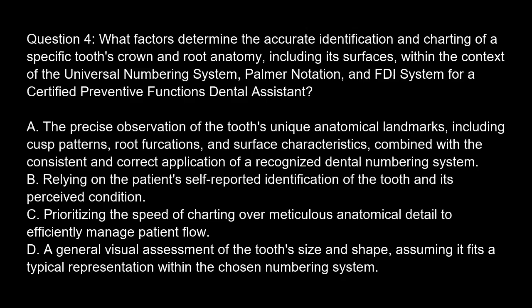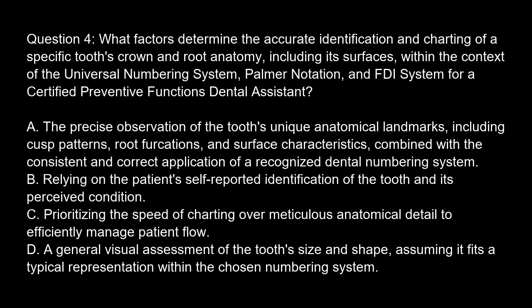Question 4. What factors determine the accurate identification and charting of a specific tooth's crown and root anatomy, including its surfaces, within the context of the Universal Numbering System, Palmer Notation, and FDI system for a Certified Preventive Functions Dental Assistant? Option A. The precise observation of the tooth's unique anatomical landmarks, including cusp patterns, root furcations, and surface characteristics, combined with the consistent and correct application of a recognized dental numbering system.